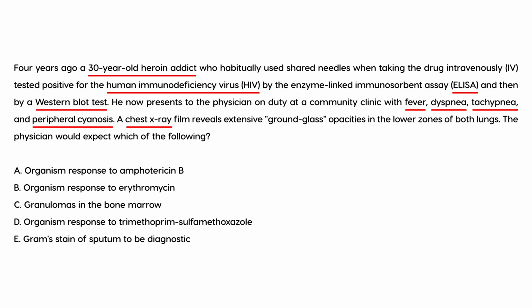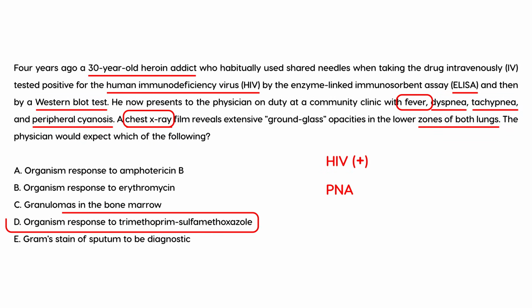Chest x-ray film reveals extensive ground glass opacities in the lower zones of both lungs. Physician would expect which of the following? Well, it's a documented HIV patient with now fever, chest x-ray findings that are consistent with pneumonia. And this question basically goes into a lot of medications, and the appropriate medication to treat this is, of course, trimethoprim-sulfamethoxazole.